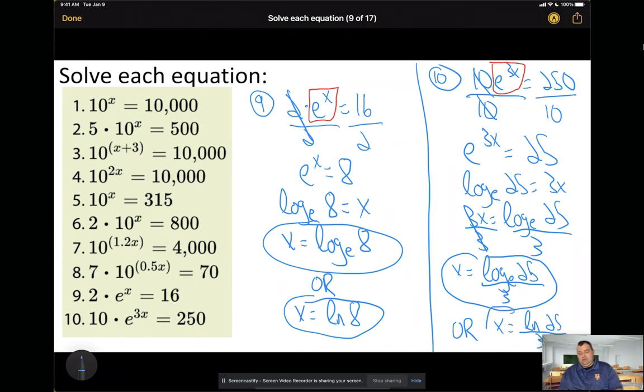So again, either one of these would be considered correct. Log base e of 25 divided by 3, or ln natural log of 25 divided by 3. Either one would be considered correct. Okay, and that is it for today's lesson on solving exponential equations.